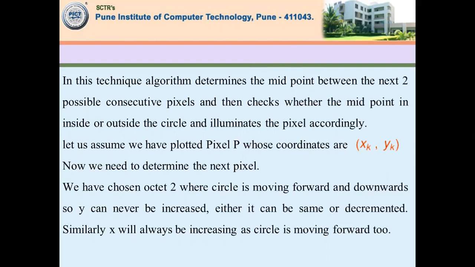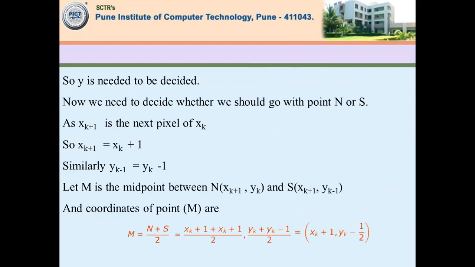So y can never be increased, but it gets decremented. It is either the same or it gets decremented. Similarly, x will always be increasing as the circle is moving forward. So y needs to be decided.